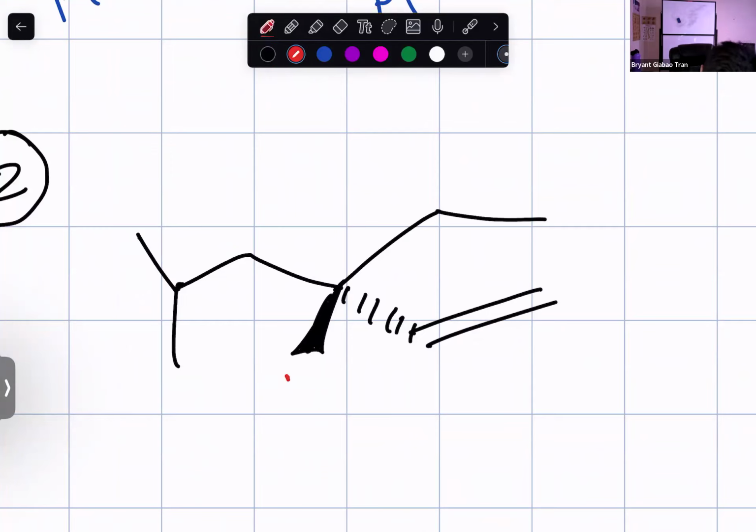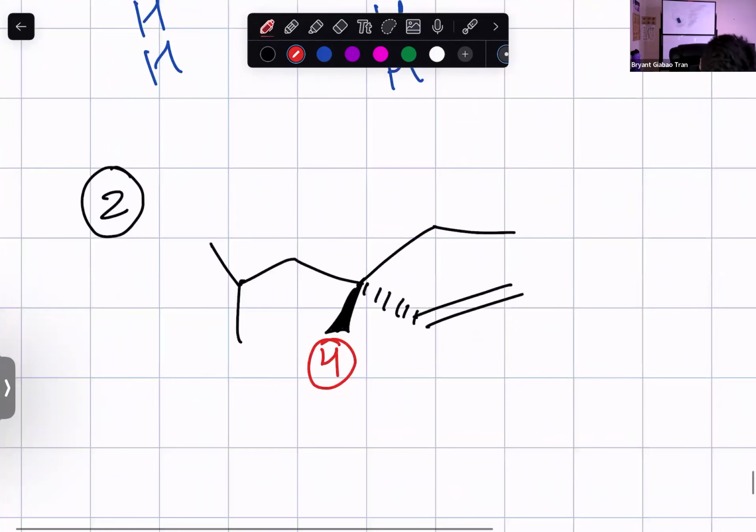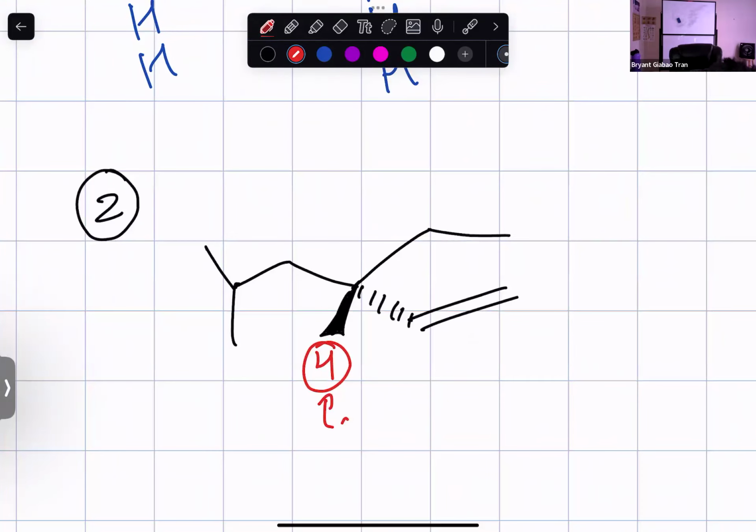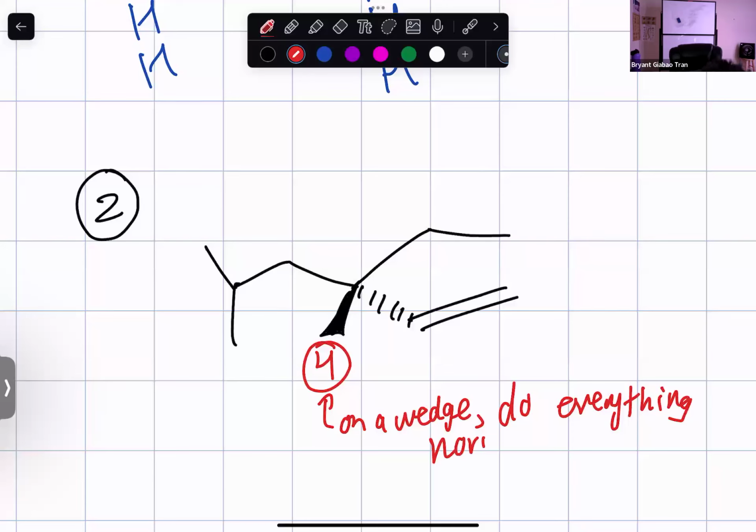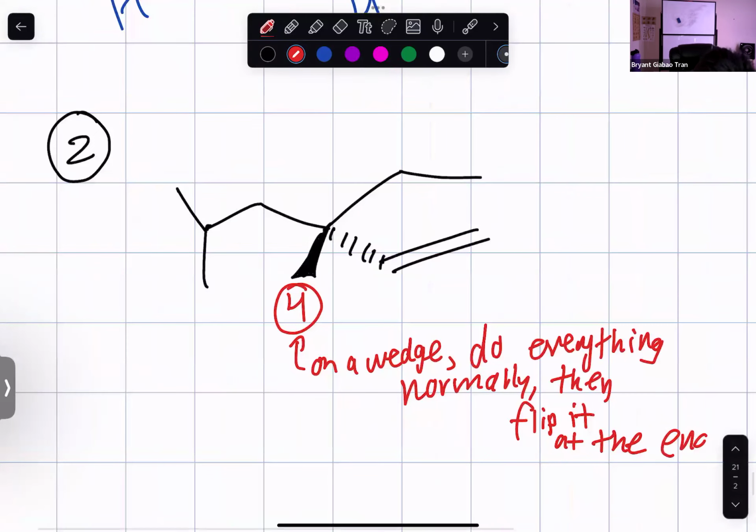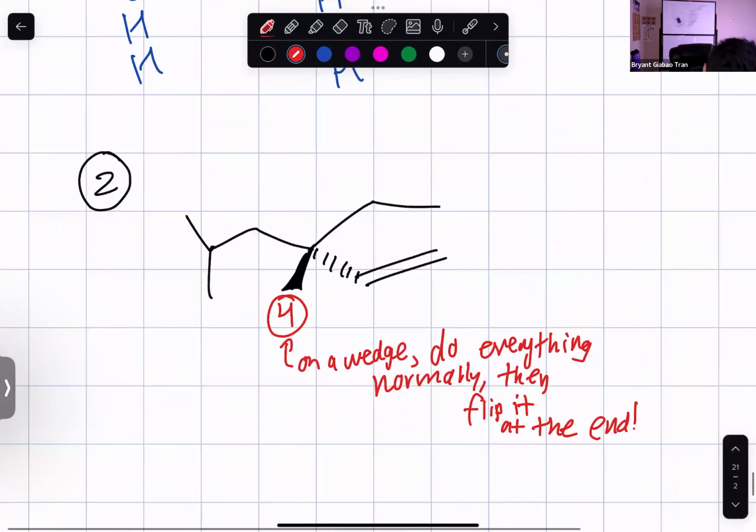So the lowest priority group is on a wedge. If the lowest priority group is on a wedge, to save time, do everything normally, then flip it at the end. Right, so that's going to be 4.